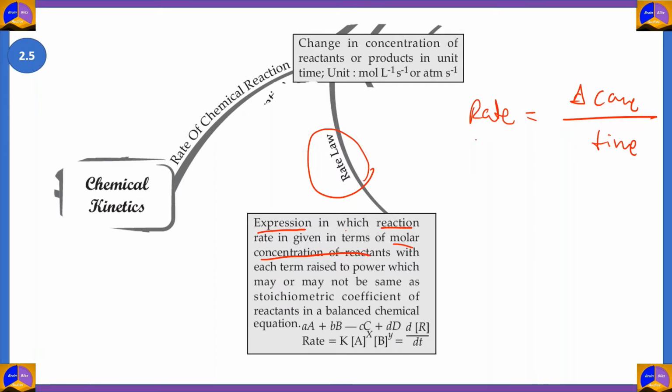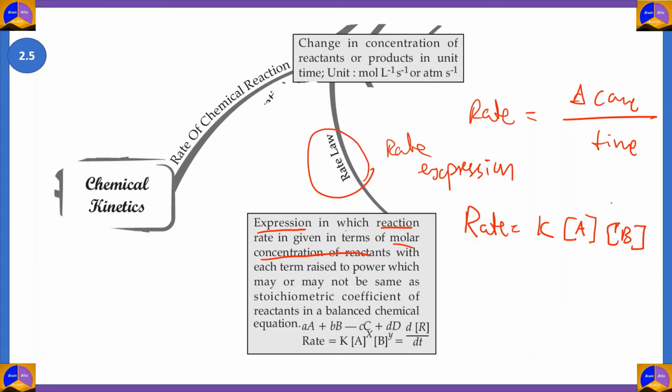Now, in the rate law or the rate expression, we write the rate as rate constant K into the concentration of the reactants, which are raised to some values which may or may not be the stoichiometric coefficient.